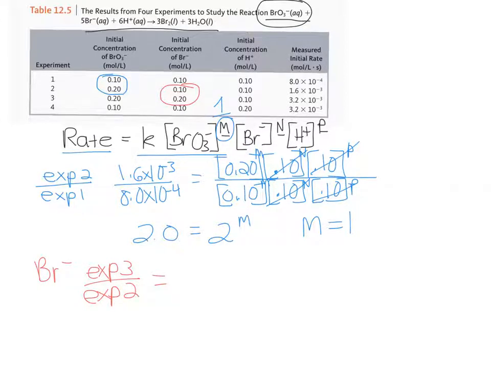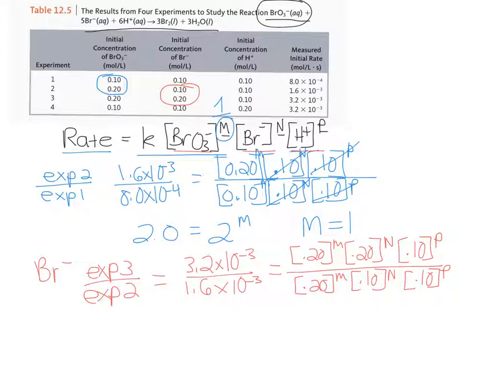First, I write the rate of each of those. So 3.2 times 10 to the negative third divided by 1.6 times 10 to the negative third. Those are measured initial rates. And then I'm going to set this up to their concentrations. And I'm going to go in the same order I did in the first one. So m, n, and p.